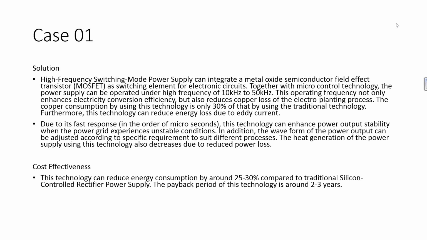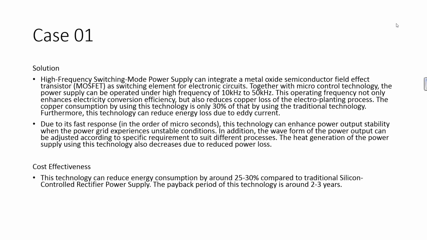Together with microcontrol technology, the power supply can be operated under a high frequency of 10 kHz to 50 kHz. This operating frequency not only enhances electric conversion efficiency but also reduces copper loss of the electroplating process.